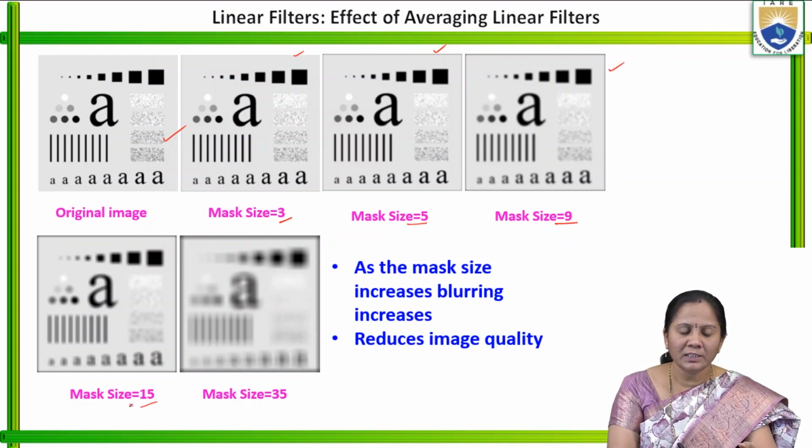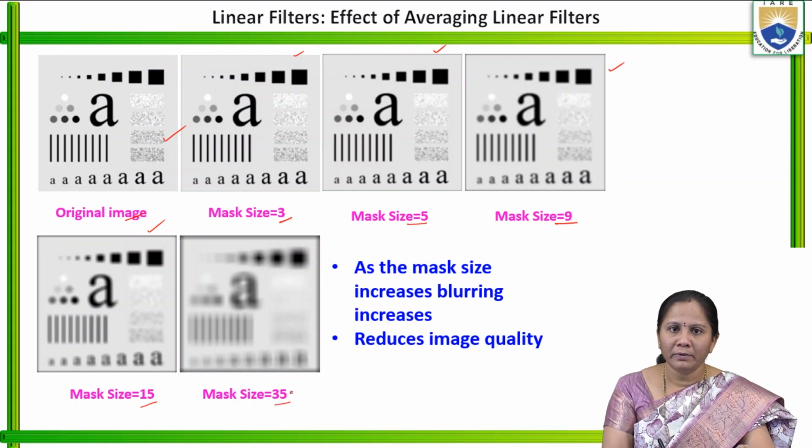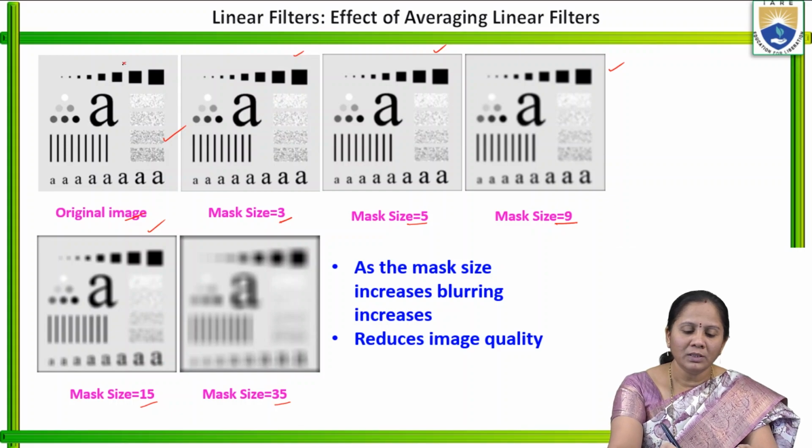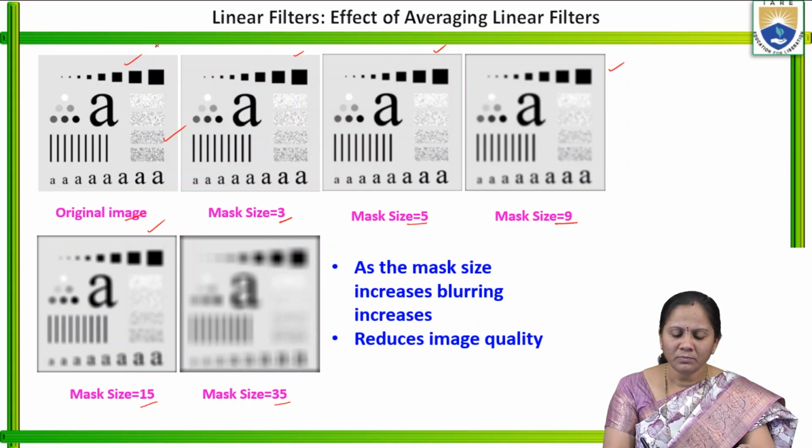Similarly, the mask size is 50. If we apply this mask on this original image, the output smoothened image will be looking like this. If the mask size is 35, if you are going to apply this mask on this original image, the smoothened output image looks like this.